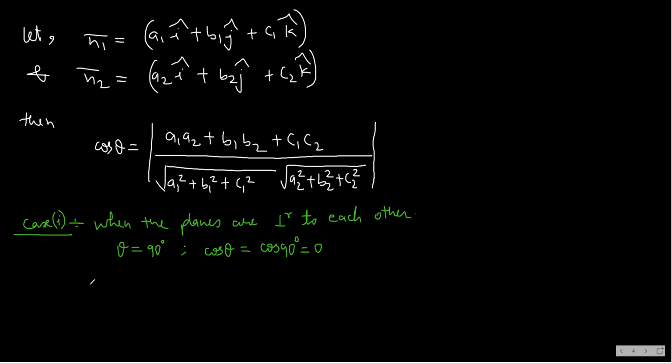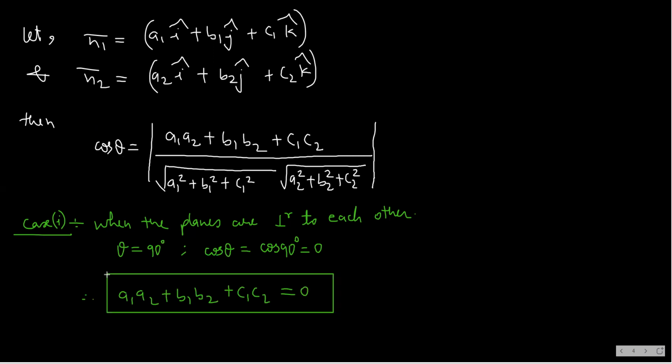So I will write therefore a1 a2 plus b1 b2 plus c1 c2 is equal to 0. This is what will happen when the two planes are perpendicular, where a1 b1 c1 are DRs of the normal to the first plane, and a2 b2 c2 are DRs of the normal to the second plane.